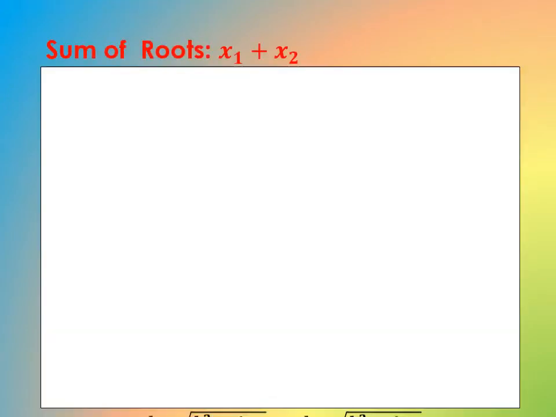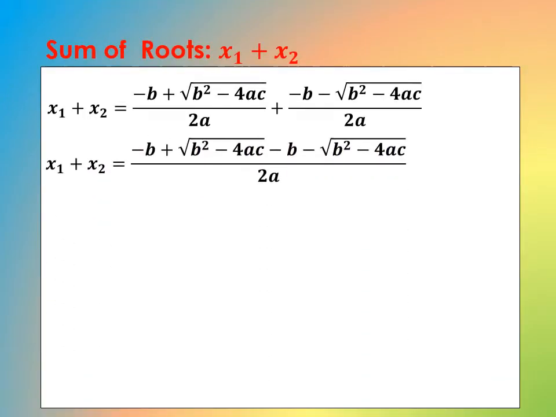To derive for the formula of sum of roots, so we have x sub 1 plus x sub 2. Ang ating x sub 1 is negative b plus the square root of b squared minus 4ac over 2a plus ang ating x sub 2 which is negative b minus the square root of b squared minus 4ac over 2a.